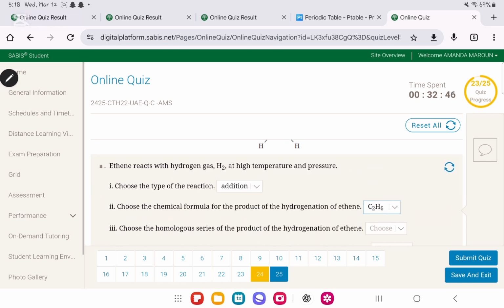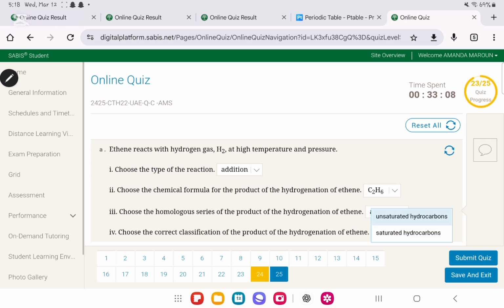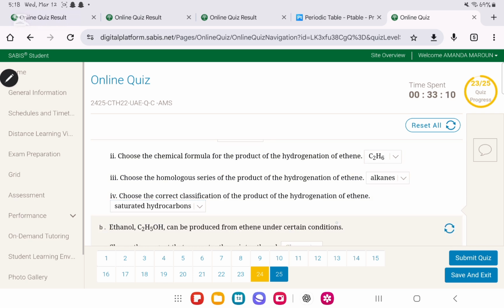So it's C2H4 plus H2, giving C2H6. Now, C2H6 has the formula CnH2n+2, and this is an alkane. So the homologous series of the product of hydrogenation is an alkane. And alkanes are usually saturated, meaning they only have single bonds.